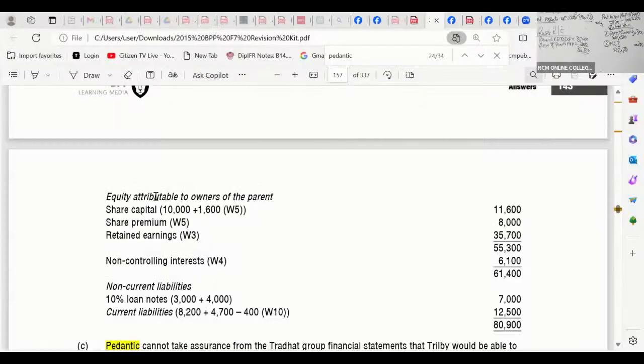Here, under equity, we have share capital, we have share premium, we have retained earnings of 35,700. Make sure that you're adding it at the very right place.